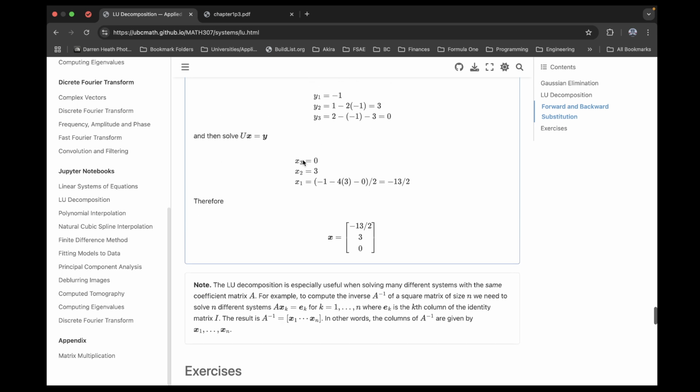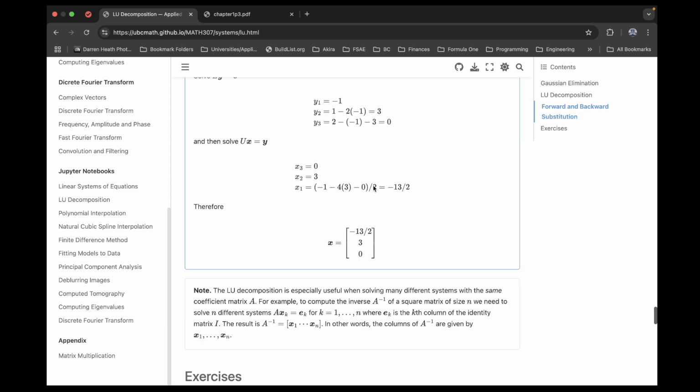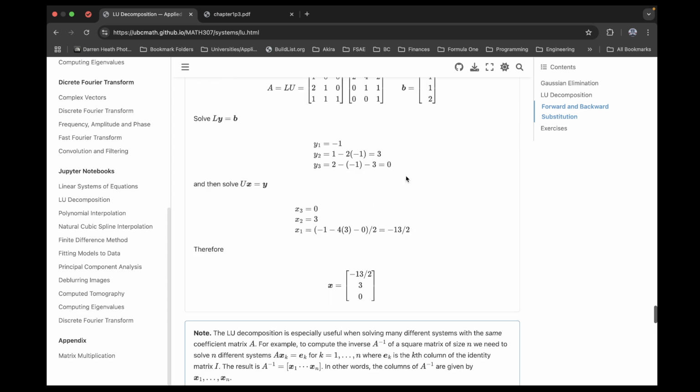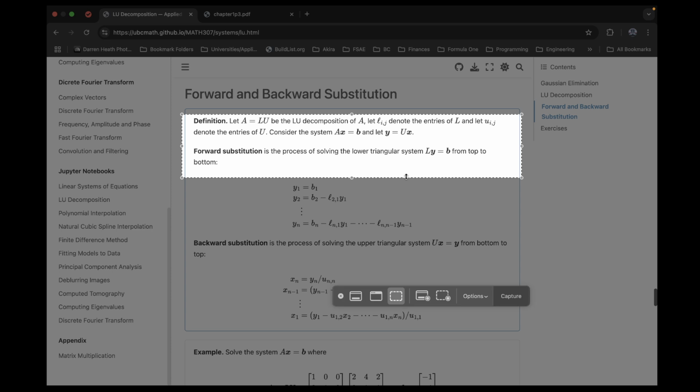And then x1 is equal to, okay, I think I'm starting to understand now. So this is how we arrive at a solution for x. Okay, I understand it now.